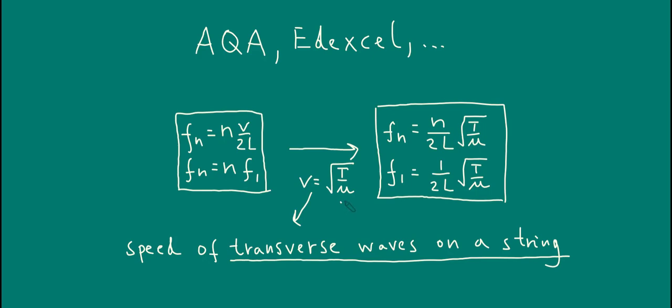You don't need to know this formula if you're studying OCR, but I do recall questions where they will give you this formula or something related to it, and you'll have to work with it. If you're studying something other than AQA, Edexcel, or OCR, I recommend you check the specification to see whether you need to know this. We've covered quite a lot of ground in this video, so let's summarize the key points.